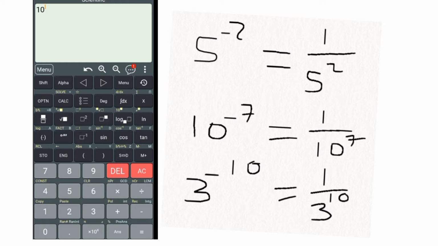The answer is 0.000001. What about 1 divided by 10 to power positive 7? The answer is the same, 0.000001.